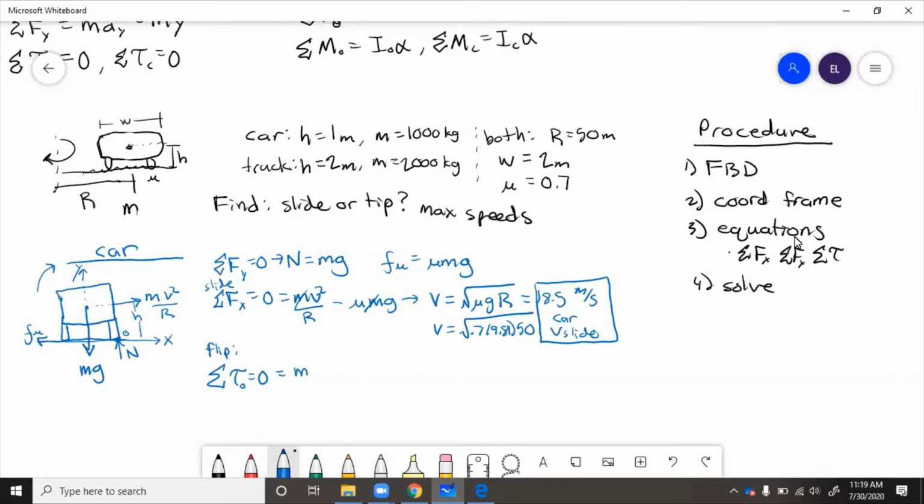So mv squared over r, because torque is force times distance. So we've got the centripetal force times the distance h. And then minus, well, the force from the weight makes a torque. So that's mg times half of that width. So W over 2. And the friction force goes straight through the point of contact. So it does not create a torque.